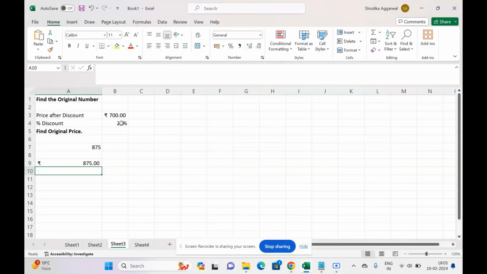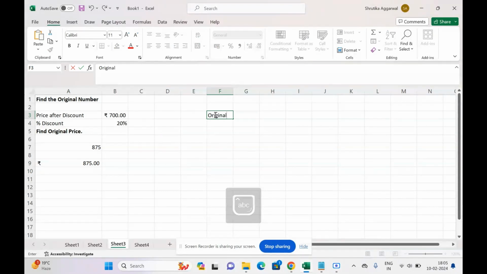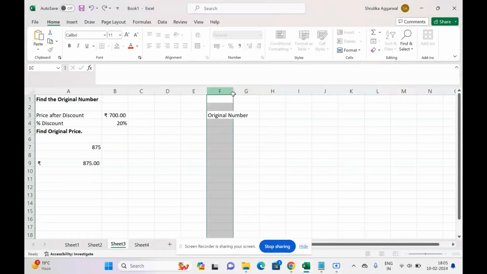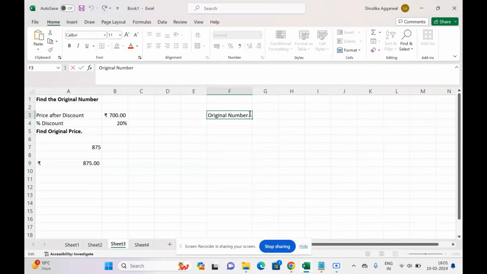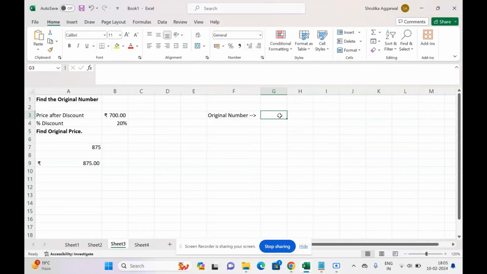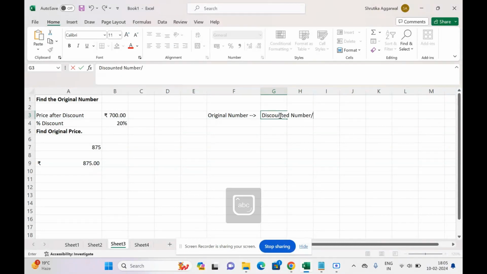Okay, so now you get the formula. The formula to find the original number is the discounted number divided by 1 minus discount percent.